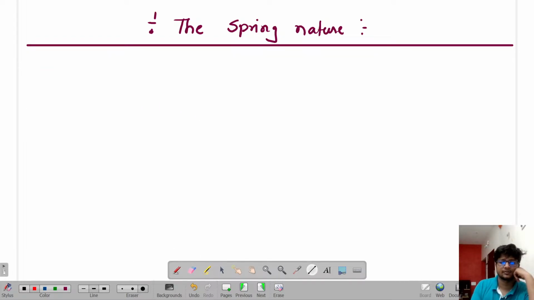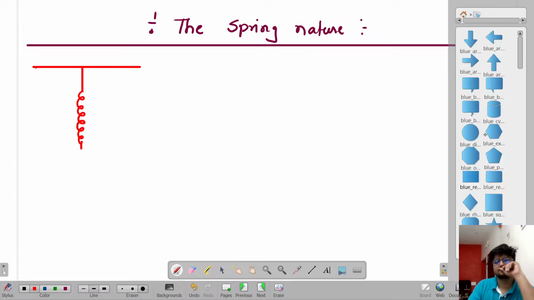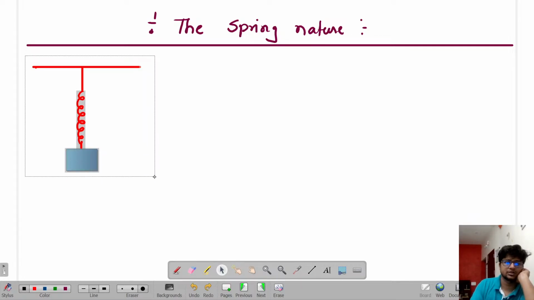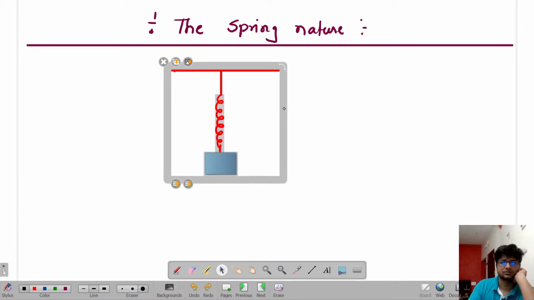See, I have the spring. I attach a block of mass M. And this is present over here. One minute, let me bring this whole setup to the center a little bit.